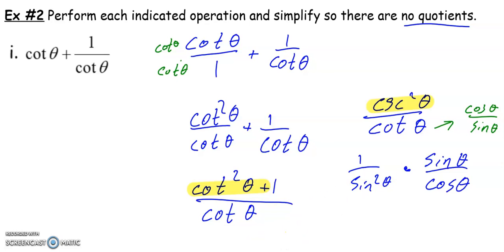And what I'm seeing now is one of these sines is going to cross out with one of these sines. And we are going to be left with 1 over sine theta cosine theta.